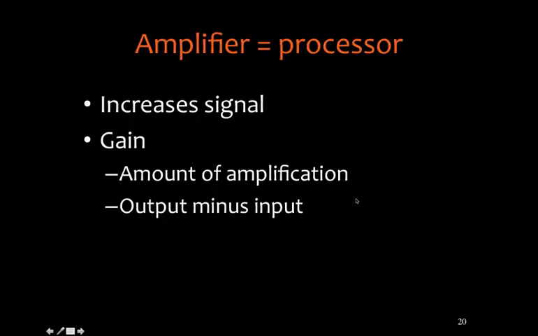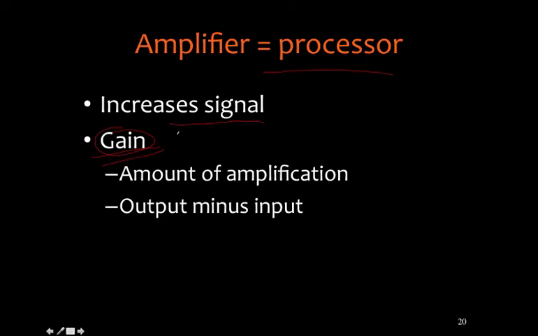The amplifier, again, as I mentioned to you, is also, in more contemporary terms, really a processor. It has the functional responsibility to increase the amplitude of the input signal. The amount of energy that's selectively added to all of the different frequencies we generally refer to in electronic terms as gain.